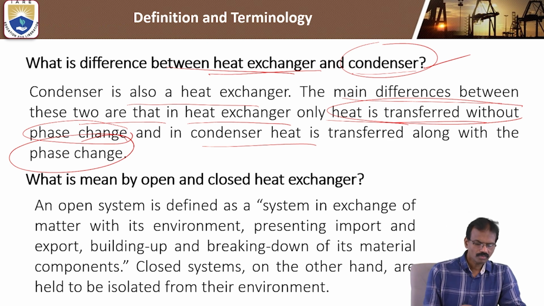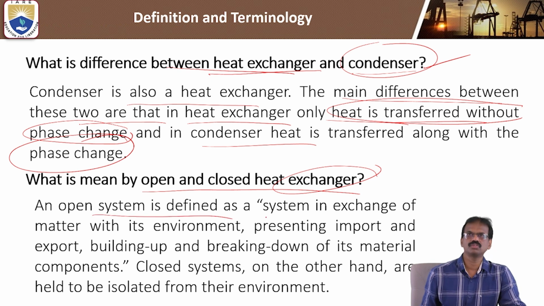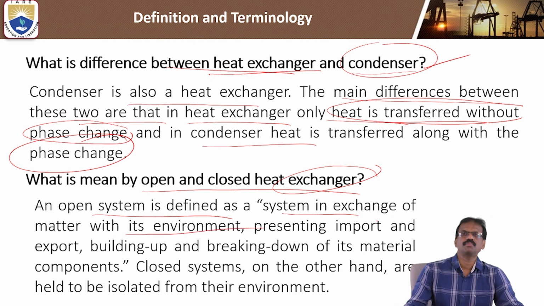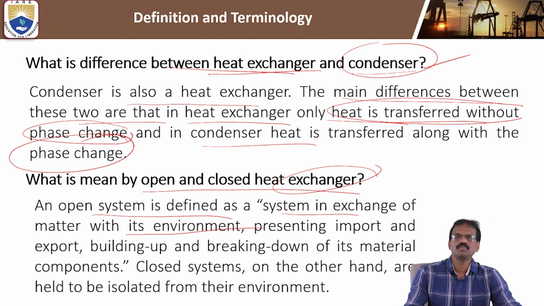Next, what is meant by open and closed heat exchanger? You know that open means the system exchanges matter with the environment. So open to environment, presenting import and export, building up and breaking down of materials, components. These are the open type heat exchangers.